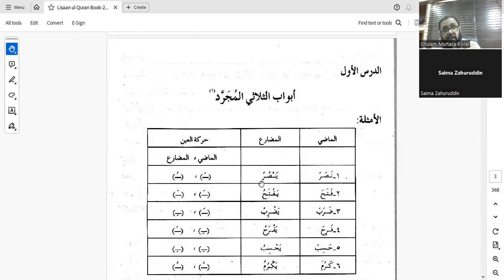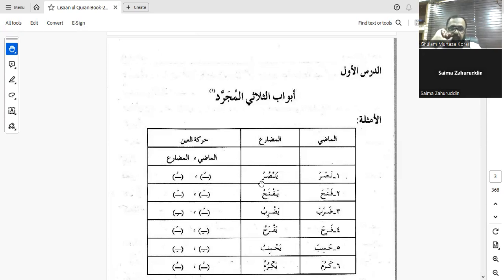Because this is nasara yansuru, this is wazan. And when we talk about six chapters, they are awzan. Awzan is the plural of wazn, right? Yes, sir. Okay, now Fa, Ain, Lam, fa'ala yaf'ulu is wazan, and nasara yansuru, they are mawzoon, they are on the wazan of fa'ala yaf'ulu, right?